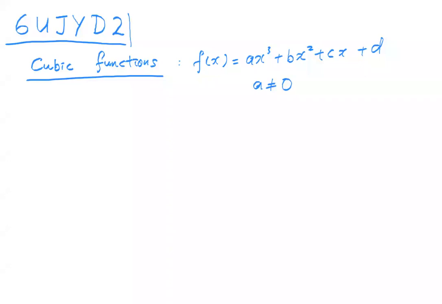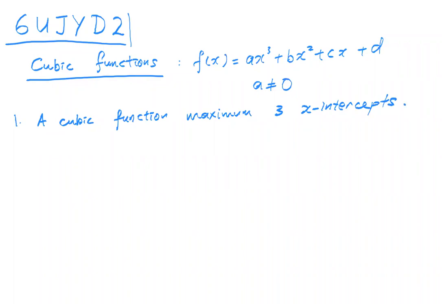Okay, so we know that first true fact: a cubic function, maximum three x-intercepts. Okay.